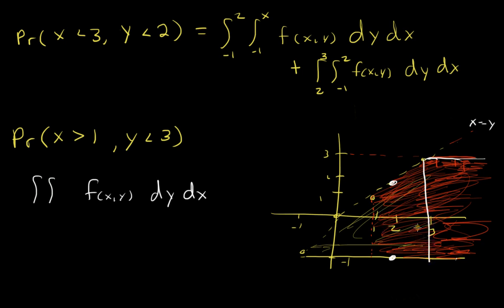I'll integrate over this piece first, from -1 until I get to x. Right now I'm doing this piece. So where does x travel from? In this little piece, x goes from 1 to 3.